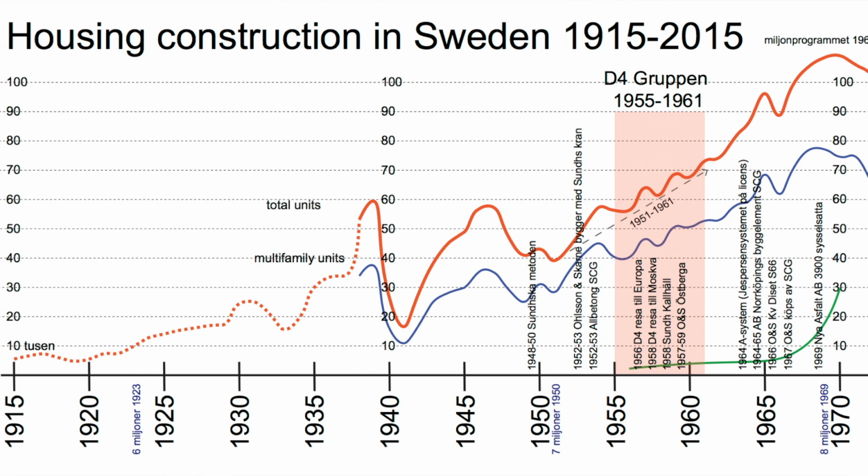The blue line is multifamily housing being built year by year in the 10s, 20s, 30s, 40s, 50s, up to 100,000 per year. And the red line is if you add single family housing.